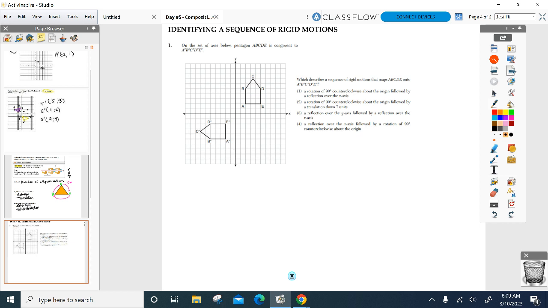So here's how I would ask you guys to approach this. Pick a point. So let's start with point A. After I do one of these, do I end up at A double prime? And just to be on the safe side, I'd pick a second point and do the same thing and make sure I land on B double prime. I wouldn't do the whole figure. Just take a point and do it. All right, so go ahead, go through it. I don't want to give stuff away here.